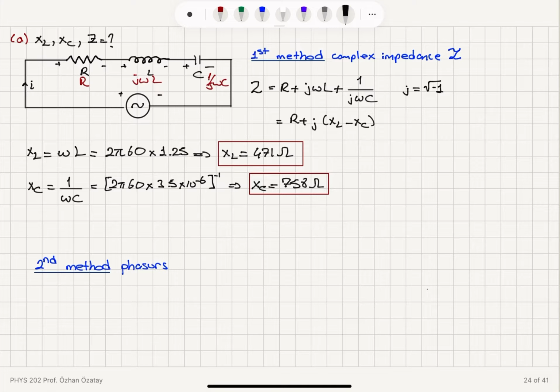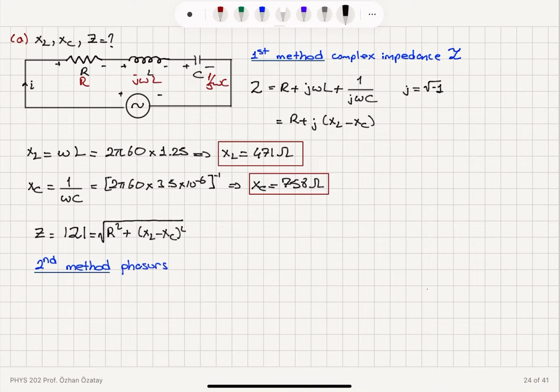Now, the impedance of the circuit, Z, is equal to the magnitude of the complex impedance. So this will be the square root of R squared plus (XL minus XC) squared.